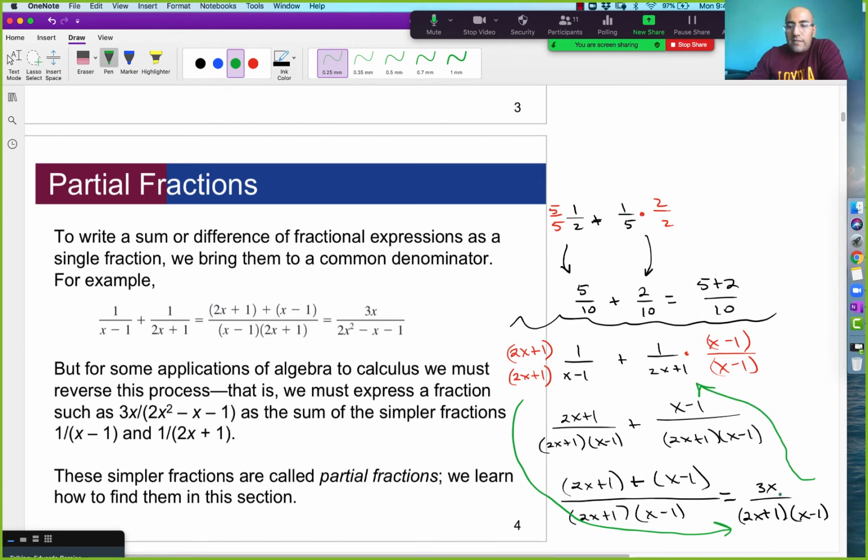We want to separate the fraction into the summation of simpler fractions, right? Partial fraction decomposition. So we want to start here, and work our way backwards to get to this. That's the goal of this section.